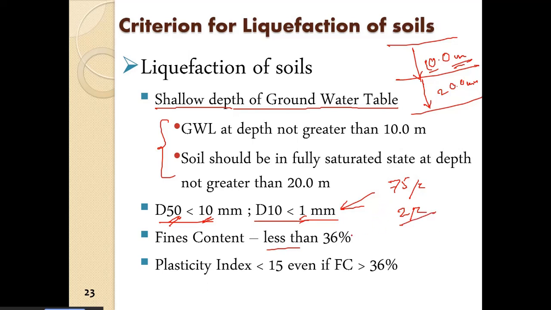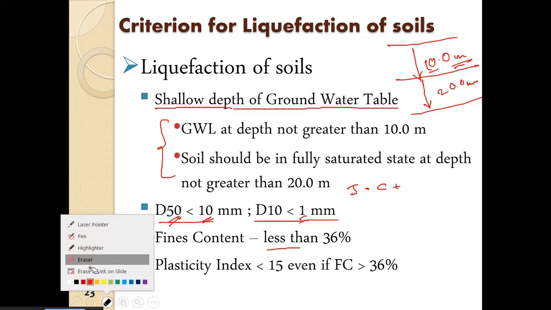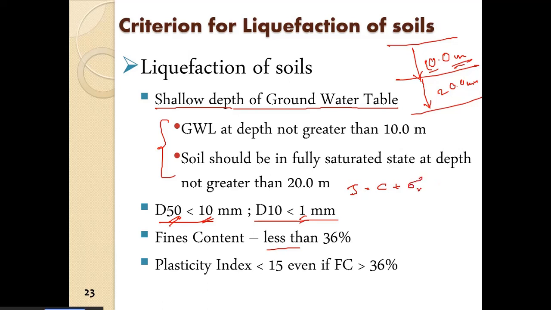That means if the soil is cohesive mainly, we can see that the shear strength of soil is given by c plus effective normal stress times tan of the effective angle of internal friction, where c is the cohesion.